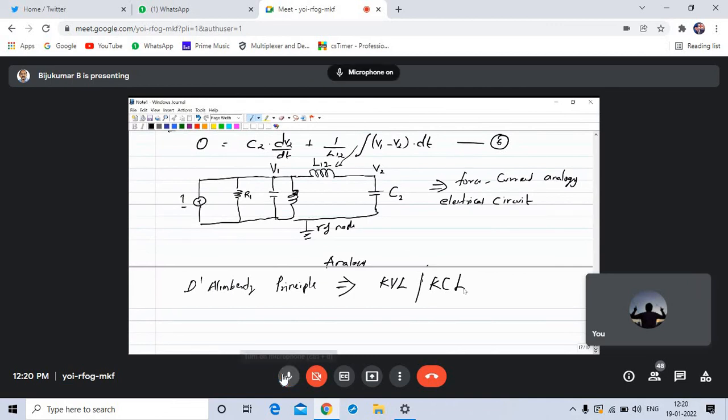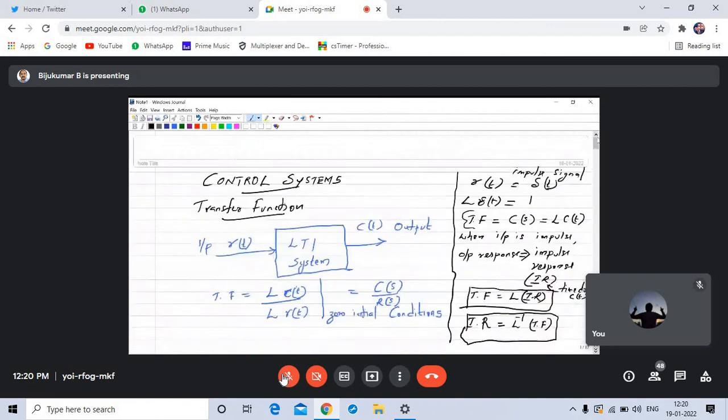Using D'Alembert's principle, we can tell the net force acting on a system is zero. What is Kirchhoff voltage law? The net voltage in a loop is zero, and the net current at a node is zero. So there is an analogy between the mechanical system and the electrical system. Okay, clear? Then we'll stop.